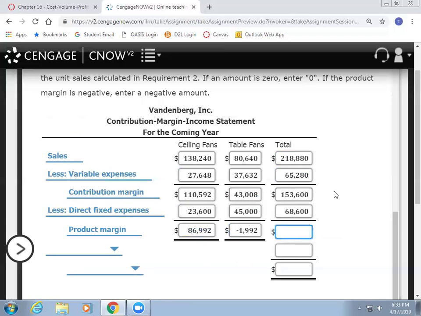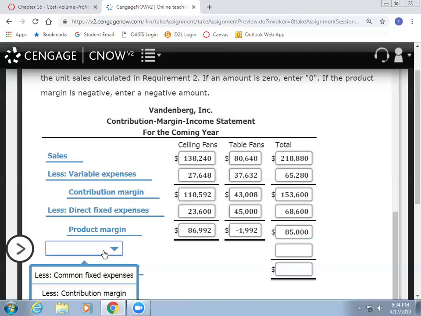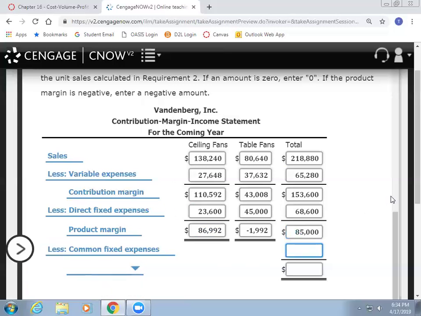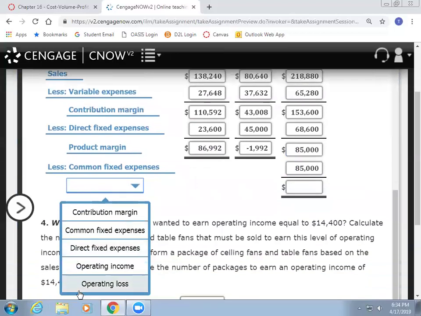And then our total product margin, though, is 85,000. And then we subtract out our common fixed expenses, which are also 85,000. So we arrive at operating income of 0.